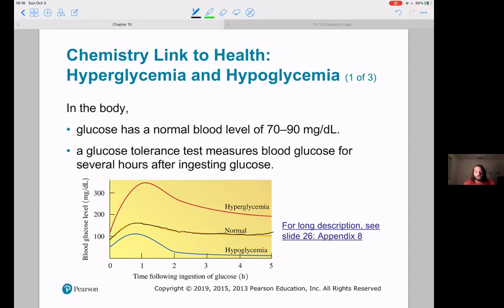There are two different diseases that lead to either elevated levels of blood sugar or low levels of blood sugar. The first one is called hyperglycemia, hyper meaning more. This is diabetes. And the other one is hypoglycemia, and that's lower than normal blood sugar levels.